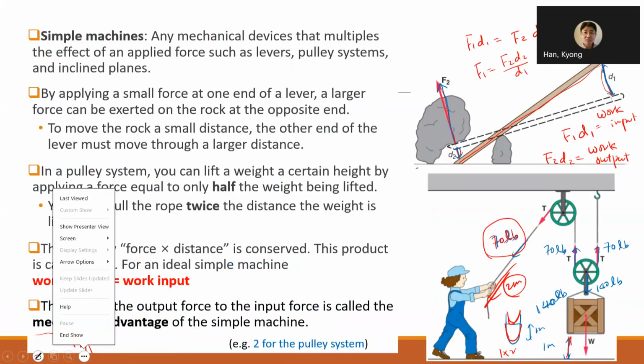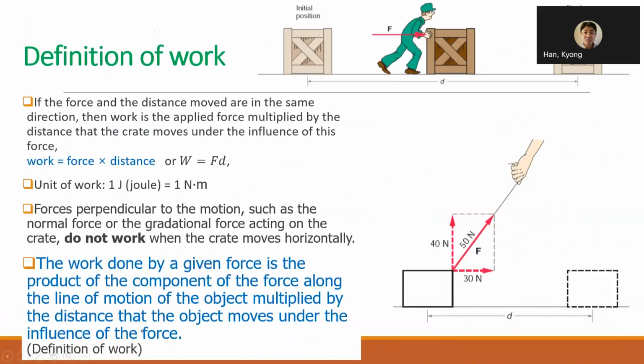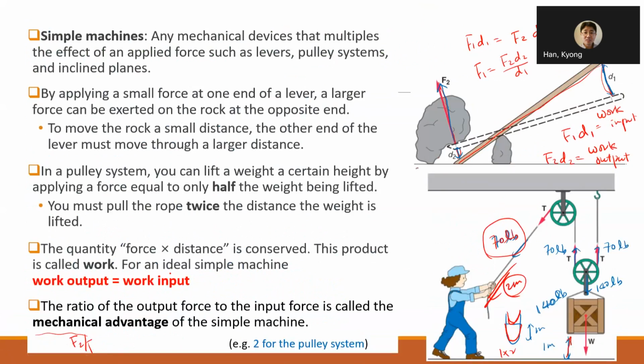For the pulley case, she applied maybe 70 pounds, but the output force is 140. That means 140 divided by 70, that will be 2. That is the pulley system. 2 is the mechanical advantage.